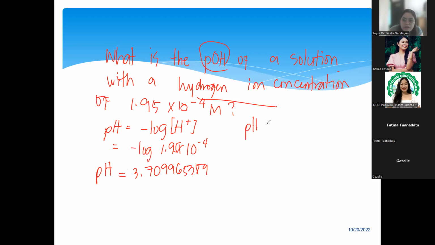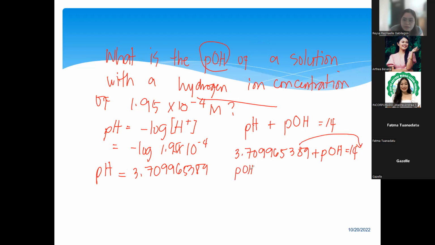So we need this formula. pH plus pOH is equal to 14. So we have here 3.70996538 plus pOH equals 14. And then we are going to transpose this on the other side.